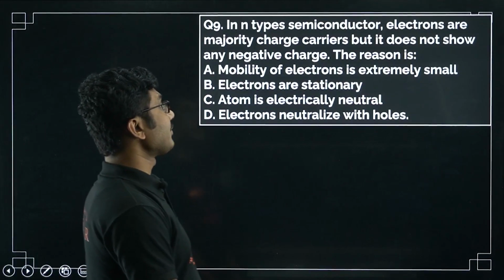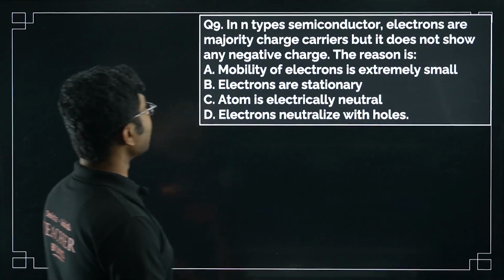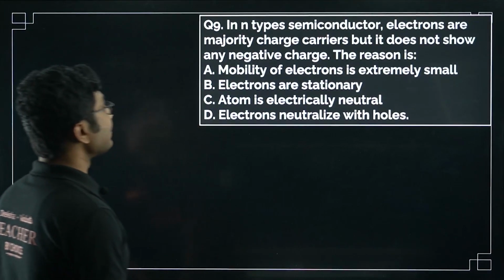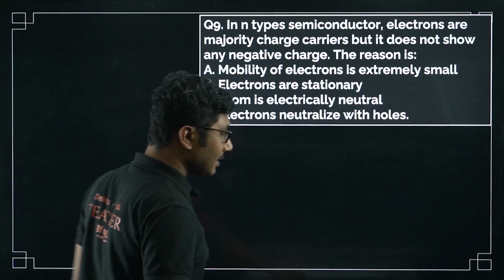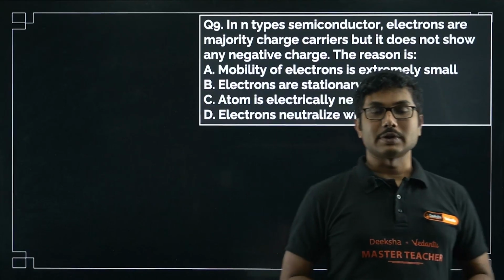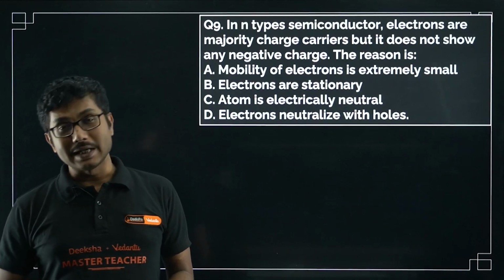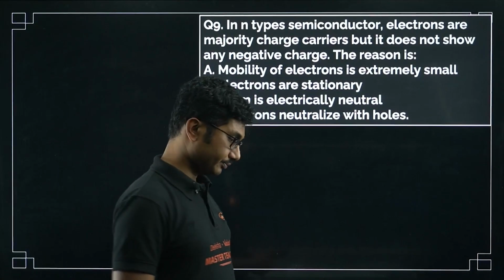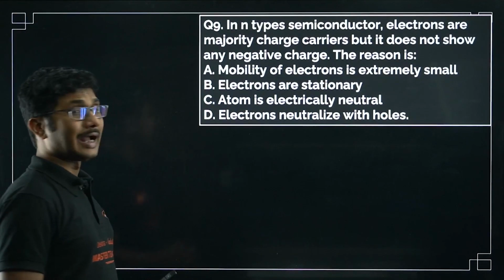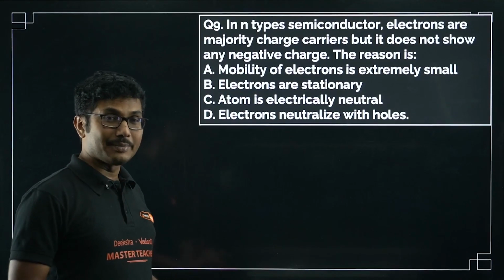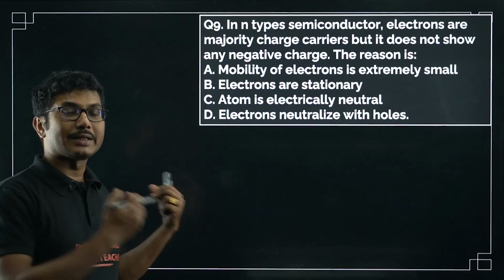In N type semiconductors, electrons are majority charge carriers, but it does not show any negative charge. So why does an N type semiconductor remain neutral, or why does a P type semiconductor remain neutral? The reason behind it is that it consists of atoms of semiconducting elements and some external impurity.